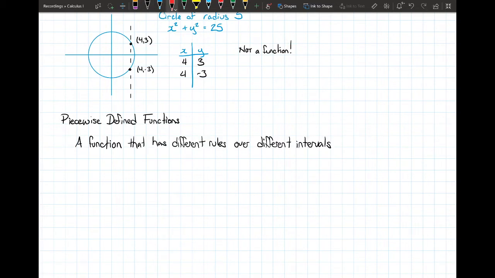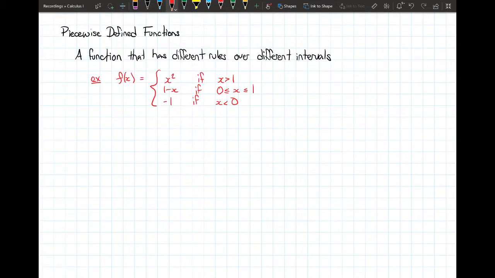Okay, well, let's look at an example here. In this example, we have f of x defined in terms of 3 separate pieces. F of x equals x squared if x is greater than 1. F of x is equal to 1 minus x if x is between 0 and 1, including those numbers.